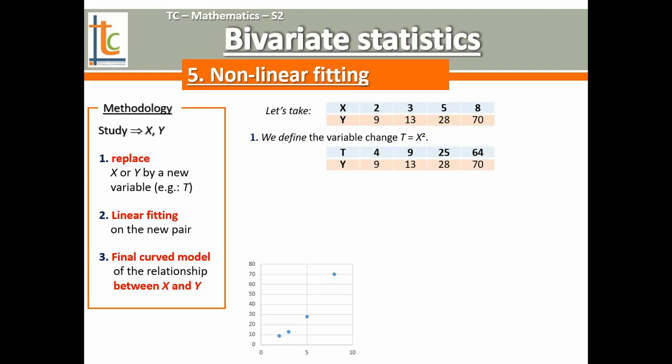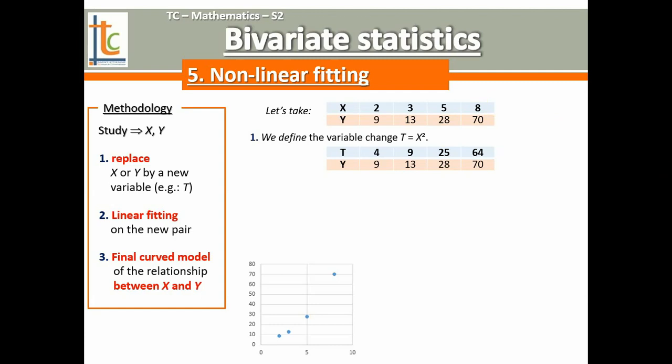A point here concerning the calculator. A correct use of the calculator, to save time, would be to use lists in order to have the calculator calculate the values of t by itself and not by yourself. There exist list formulas on the calculator.